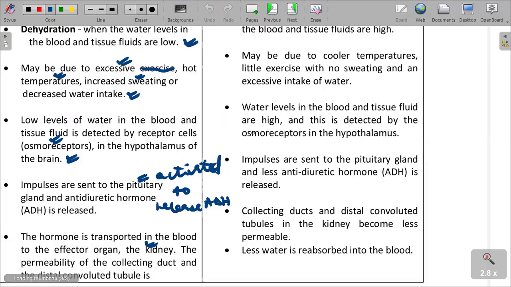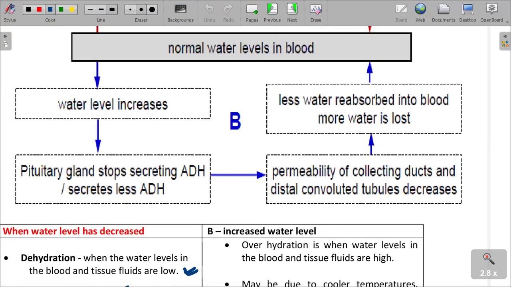So we can as well look at the blue diagram, which explains overhydration.